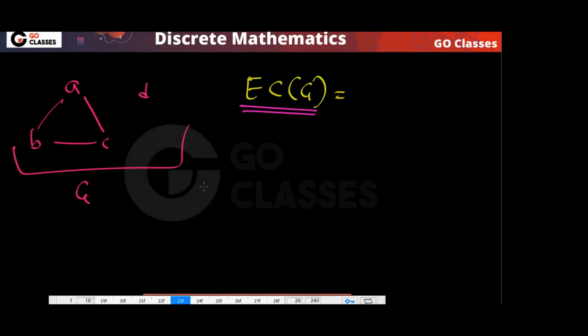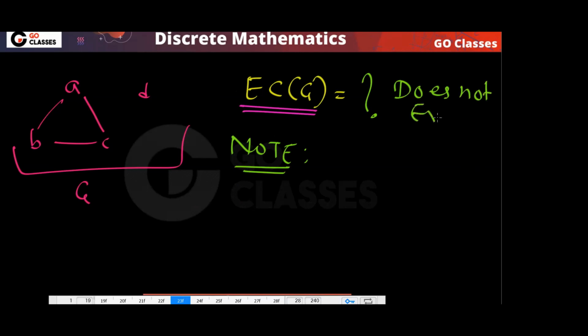Tell me, is it possible? So let's take this node. It does not exist, because you cannot cover all the vertices using edges. Yes or no?